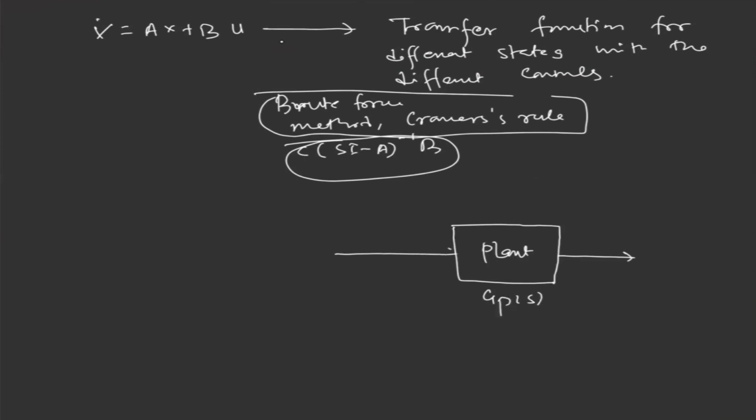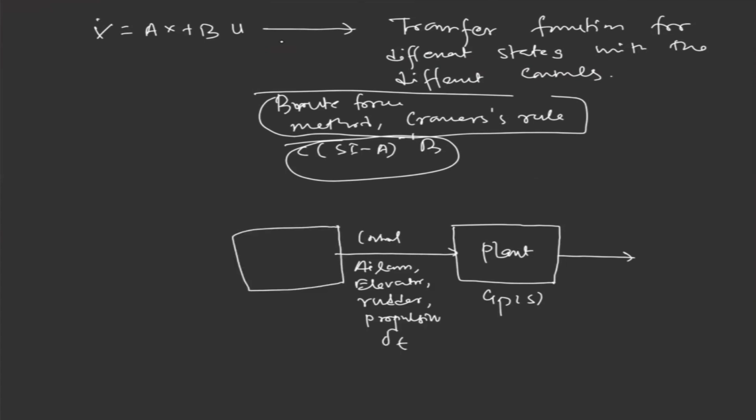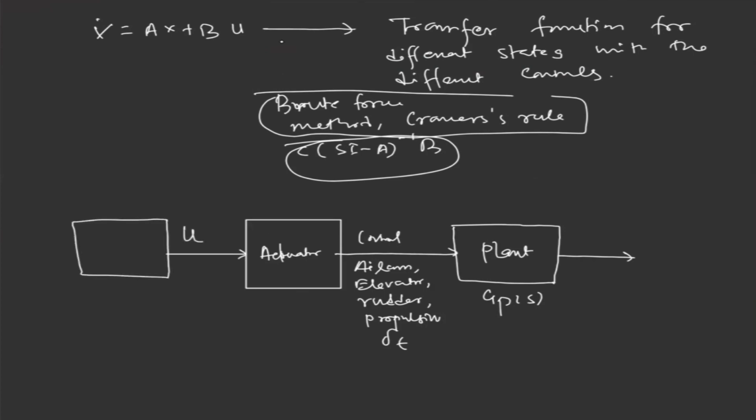Then we can provide the control, which can be aileron, elevator, or propulsive force, maybe delta T. These control inputs going to the plant can be provided by the actuator onboard the aircraft, and the actuator is driven by the control input given by the controller.